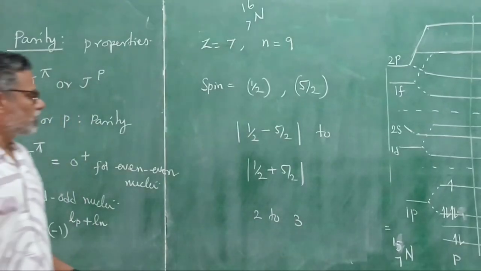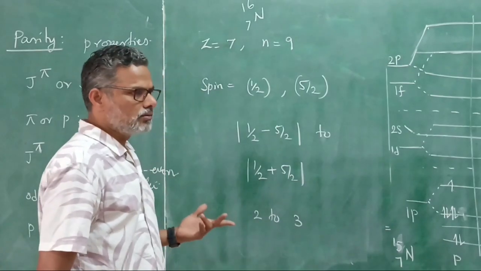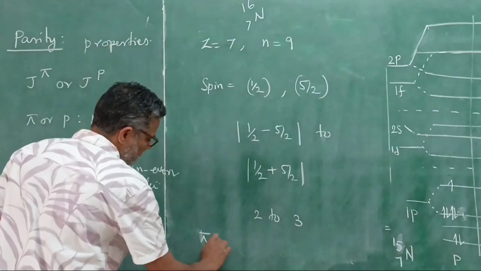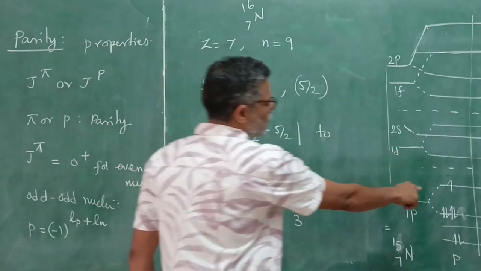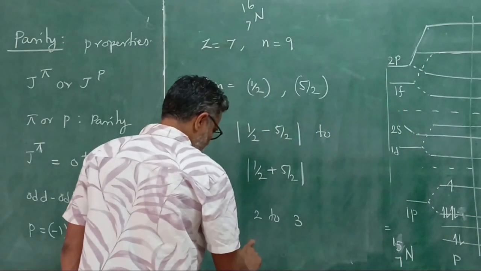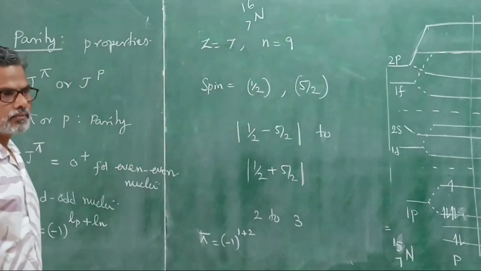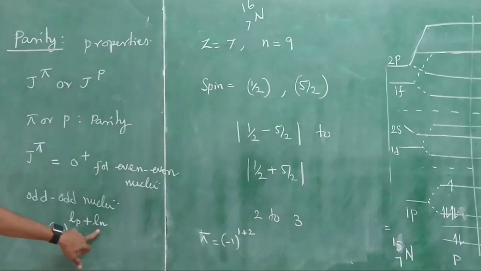Therefore, either 2 or 3, and for the parity, pi equals minus 1 to the power of LP plus LN. For this one, your LP value is 1 and LN value is 2, the angular orbital quantum numbers for the proton and the neutron.